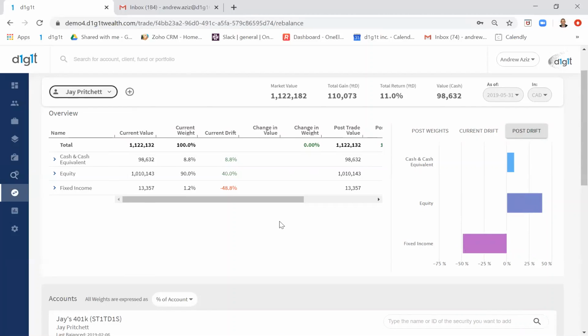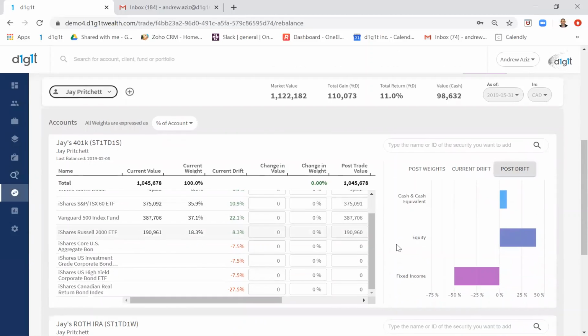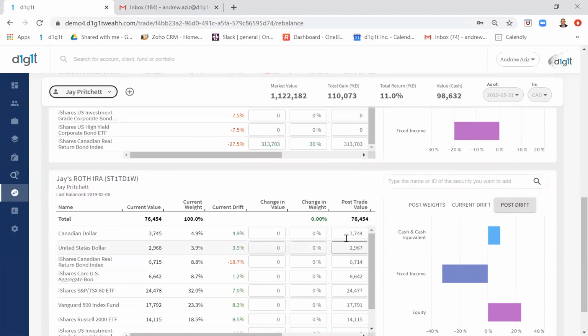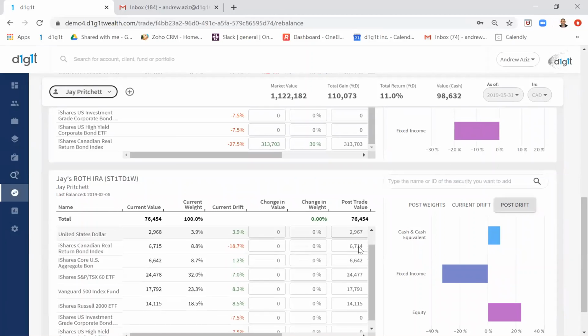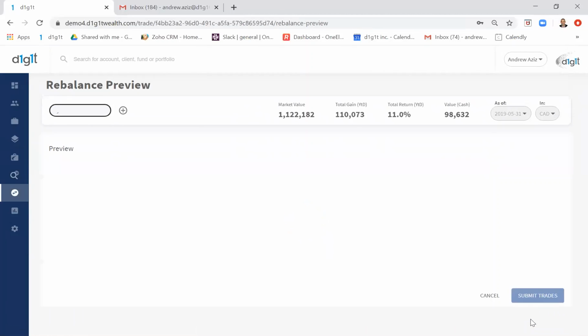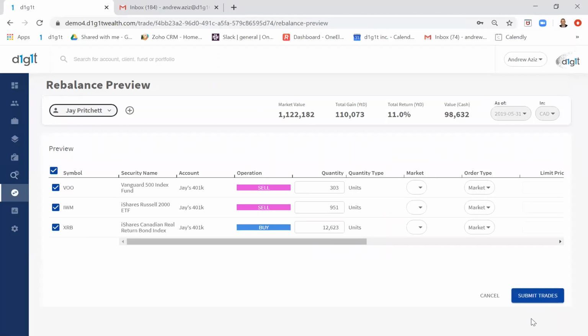So what we can do as an example, we can dial back on risk a bit by increasing our weight in a fixed income fund and lowering it on a couple of equity funds. What this will do is rebalance his portfolio, and then we can preview these trades prior to execution.